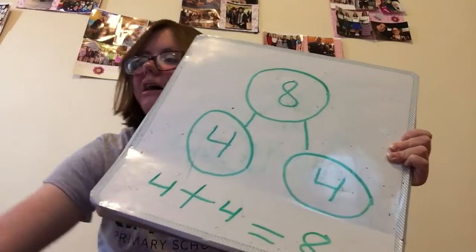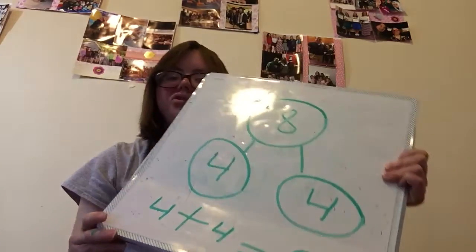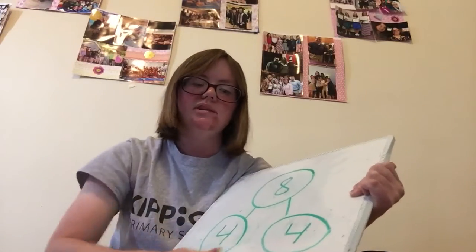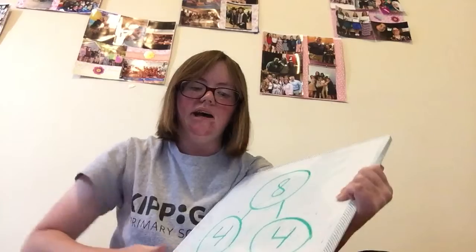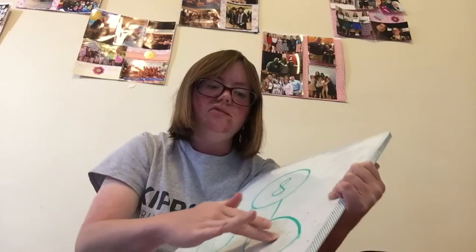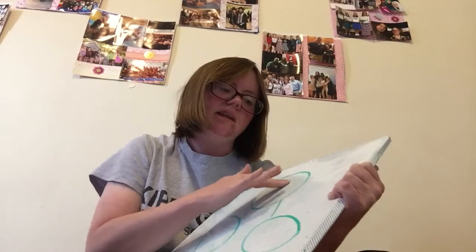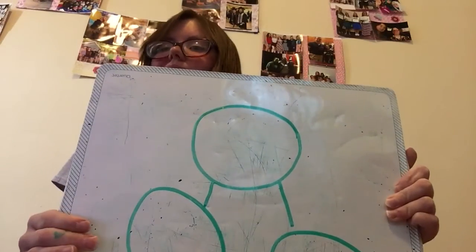Awesome! Now, I'm going to give you friends a bit of a challenge. So I'm going to erase my number sentence and my number bonds, and we are going to talk about a subtraction problem now. So go ahead and draw a new blank number bond so that we can do a subtraction problem.